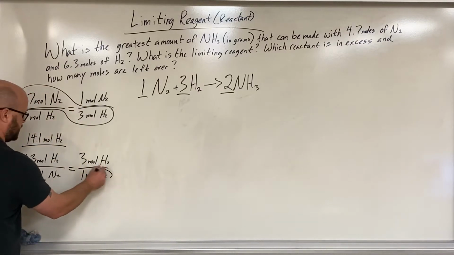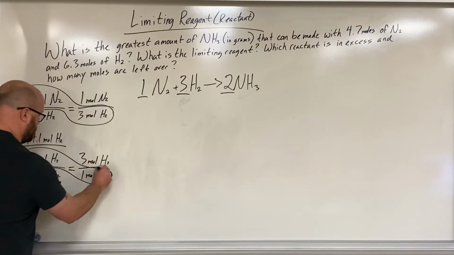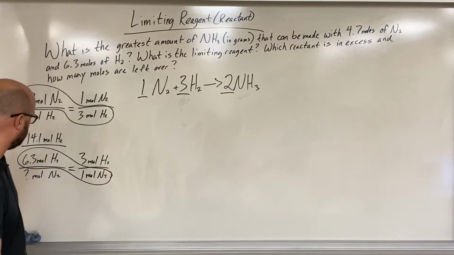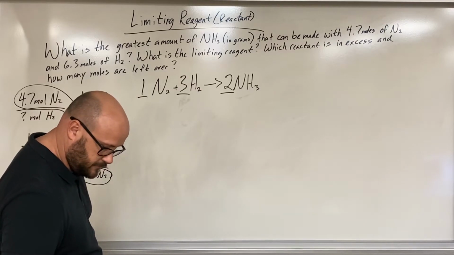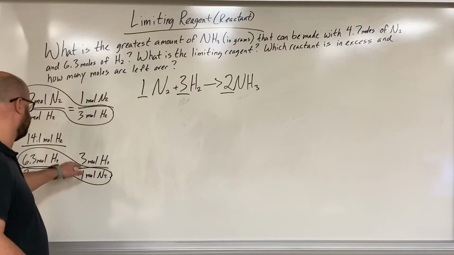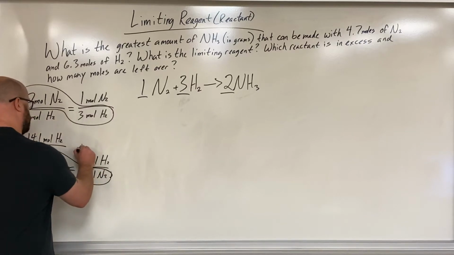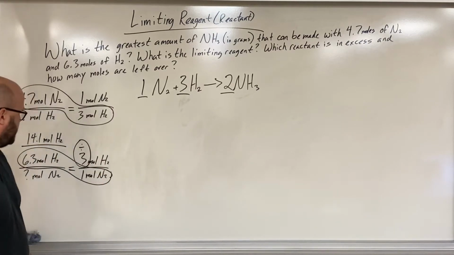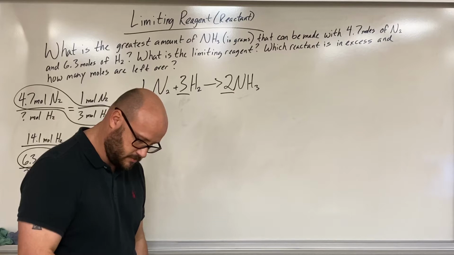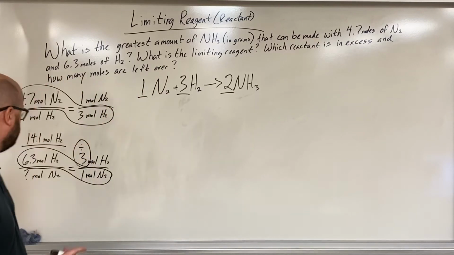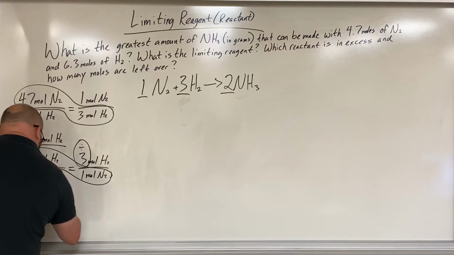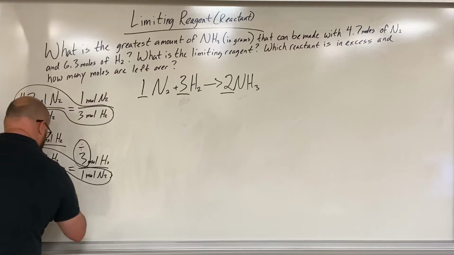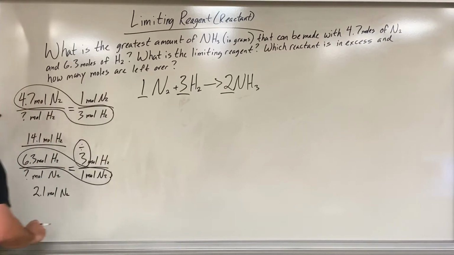Now cross multiply. 6.3 times 1 is 6.3. 6.3 divided by 3 gives us 2.1 moles of nitrogen.